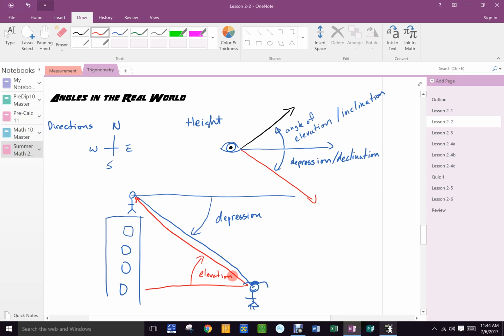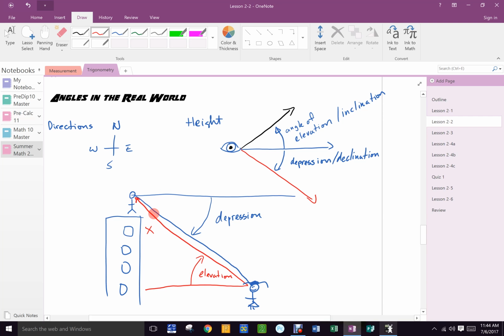Please notice that they are in different spots. Okay? The biggest problem I have in the 20 years I've been teaching math is you guys think this is my angle of depression. It's not. It's between where my eyes start and where my eyes end.